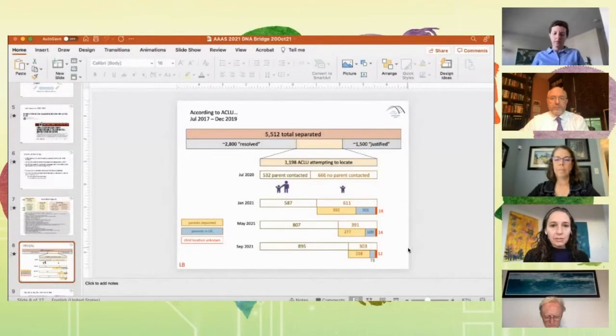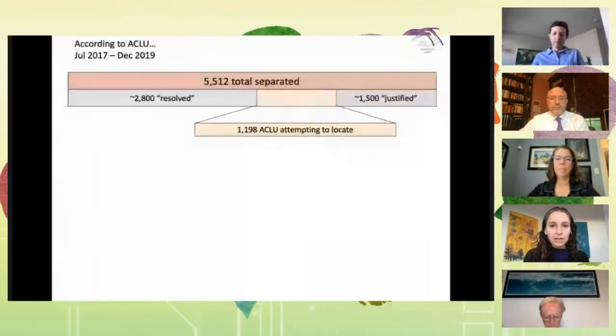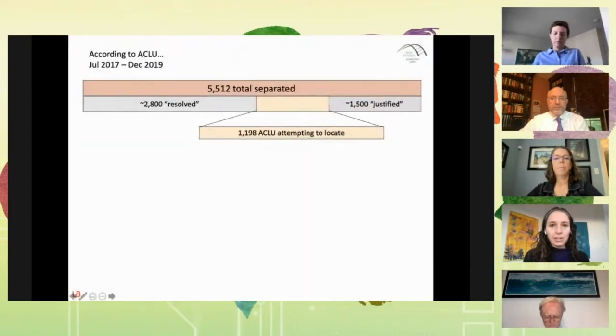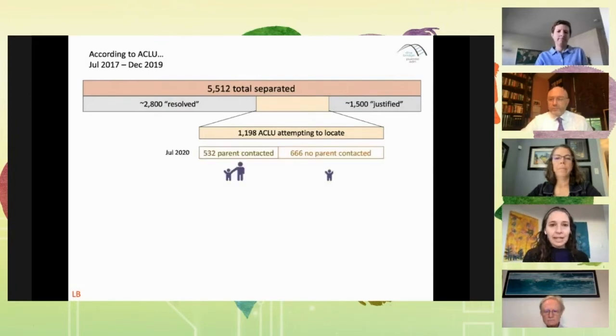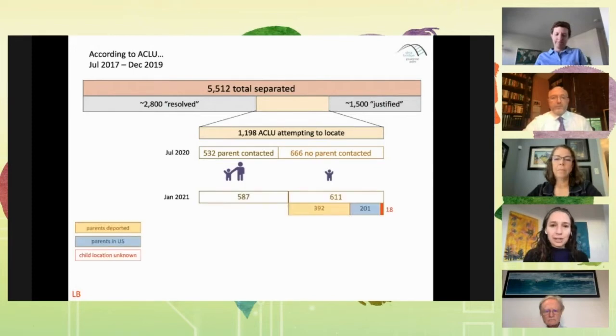And of those, about 2,800 were determined to be resolved and 1,500 were considered to be justified. And the ACLU is attempting to locate and put families back together for 1,198.